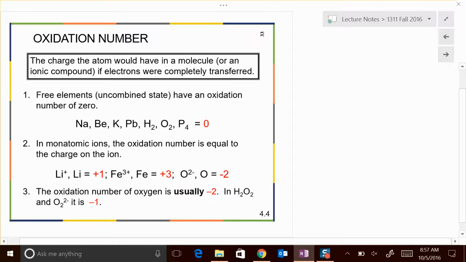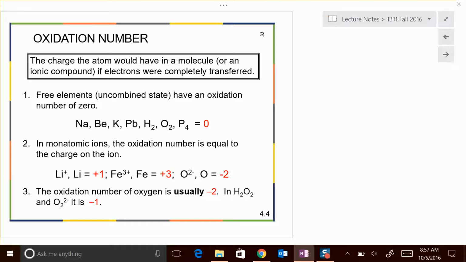Okay, now, how are we going to be able to successfully identify whether something was oxidized or reduced? Well, we have to be able to identify their oxidation number. Oxidation numbers can be kind of tricky. So you're going to have to pay attention to how we do this. Okay? So first off, if something is in its elemental state, okay, sodium, beryllium, potassium, lead, hydrogen, oxygen, phosphorus.